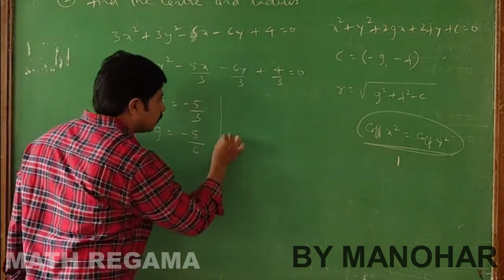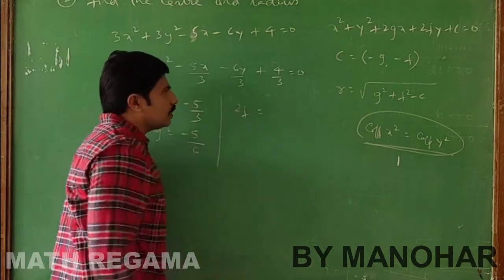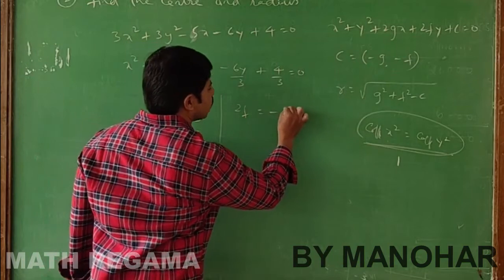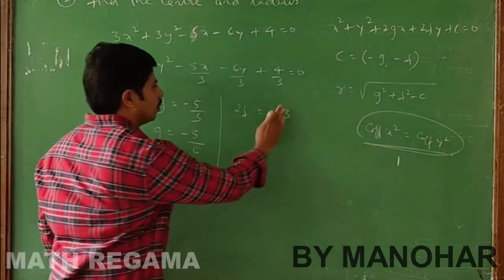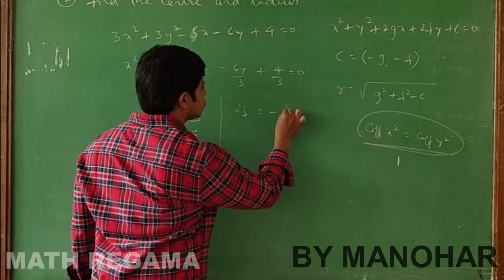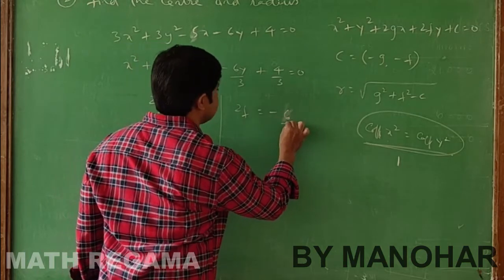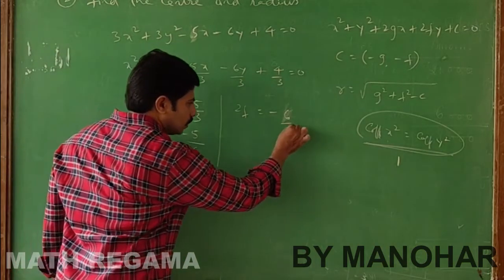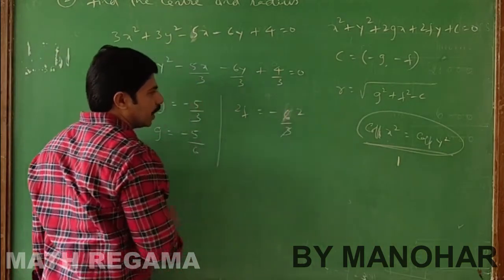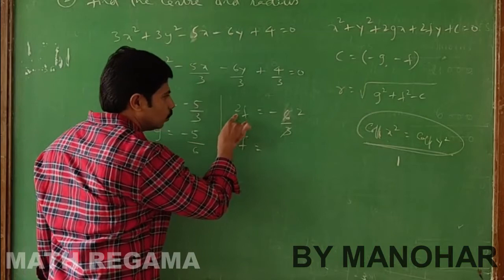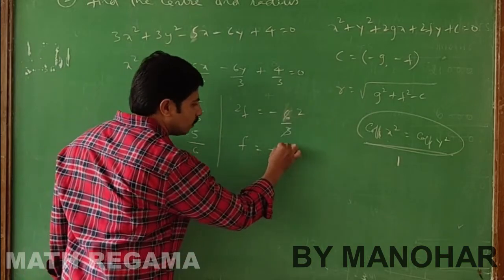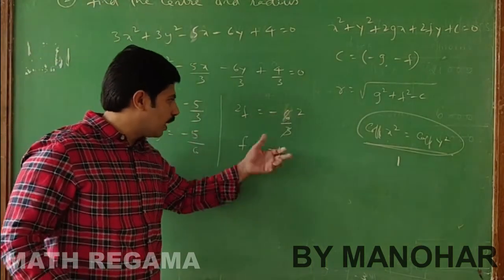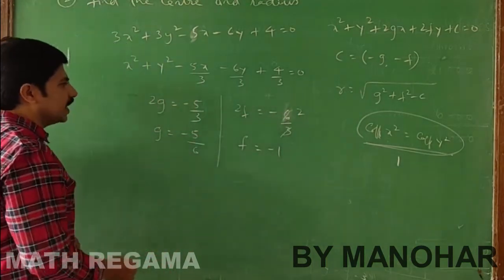Next, the coefficient of y in the general equation is 2f, and here in the equation it is minus 6 by 3, so 3 ones are 3, 3 twos are 6, you can cancel. So 2f is equal to minus 2. So f is equal to minus 1. How is it minus 1? f is equal to minus 2 by 2, it is minus 1.